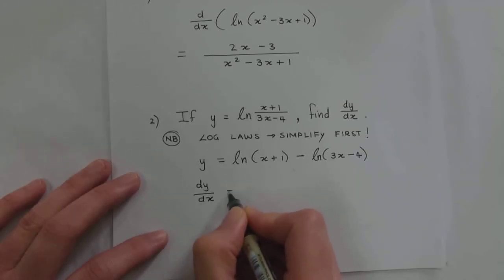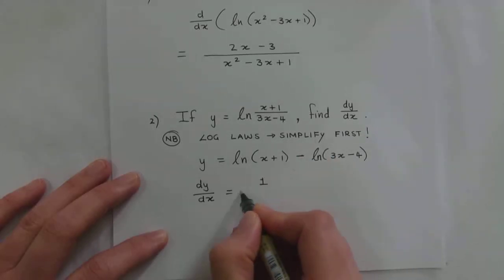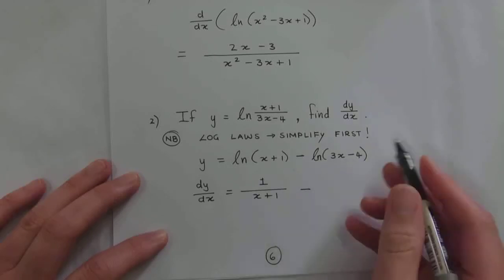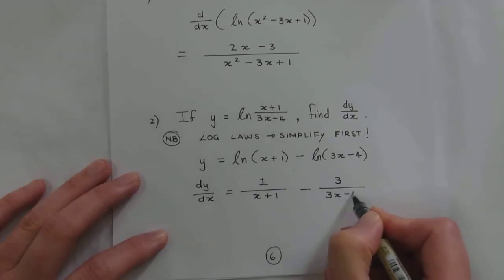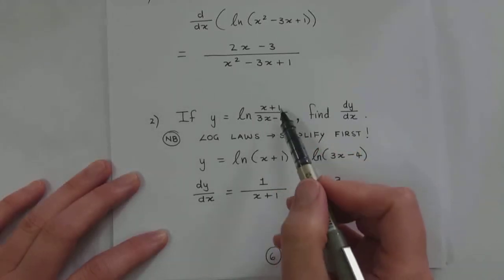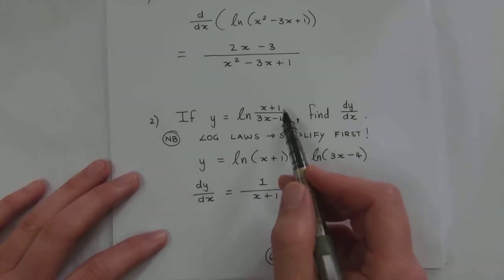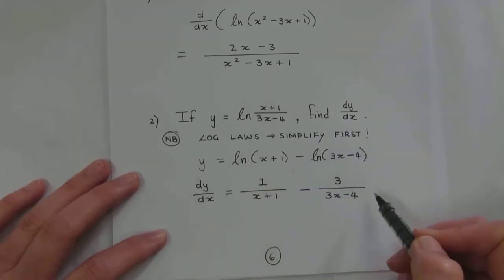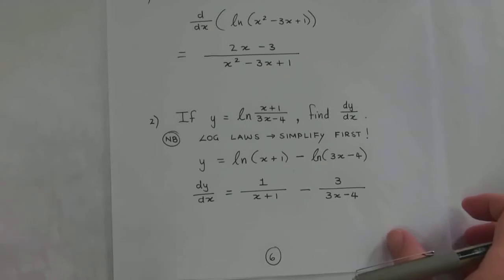So dy over dx is equal to the derivative of the inside function, which is 1 over x plus 1, minus the derivative of the inside function, 3 over 3x minus 4. Much, much easier than attempting to use the quotient rule there. So please, people, if you can simplify your expression using the log laws, please do so first before you find the derivative. Otherwise, you're going to end up with a very complicated derivative, which is definitely not worth it.